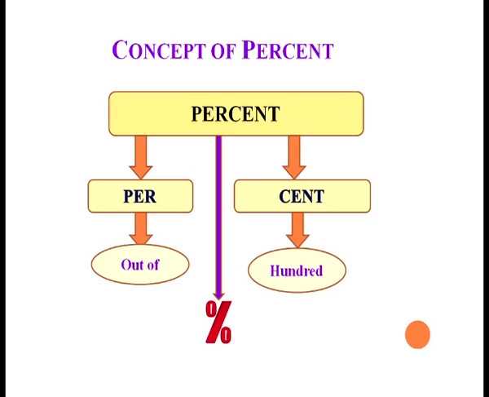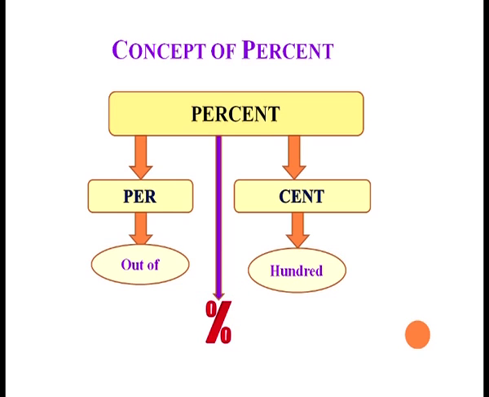Now we shall discuss the concept of percent. Percent consists of two important words, one is per and another is cent. Per means out of and cent means 100, and there is a symbol used for percent.